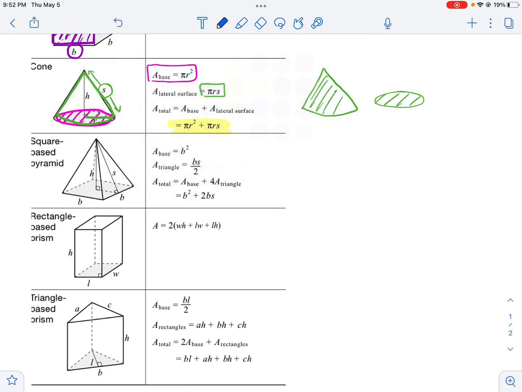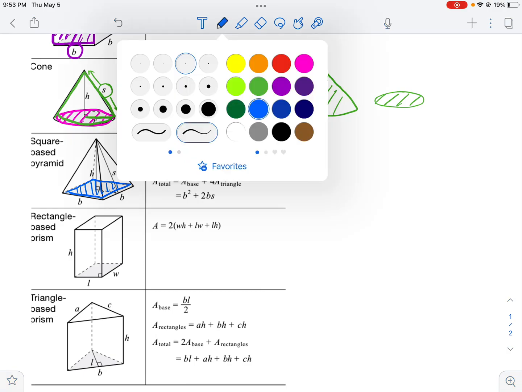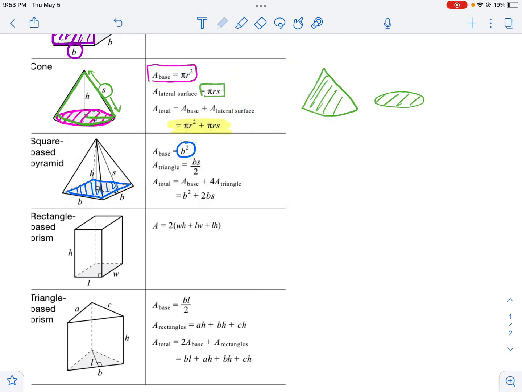Okay, then square-based pyramid. The base of a square-based pyramid is a square, and you would calculate the area doing base squared. There's also 4 triangles on the square-based pyramid. Each side of a square-based pyramid, there's 4 of them, they're all triangles.